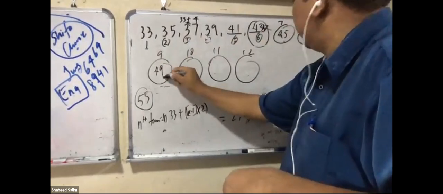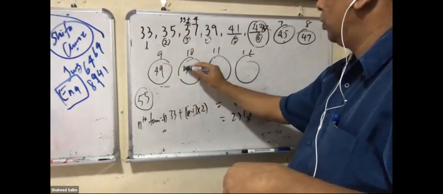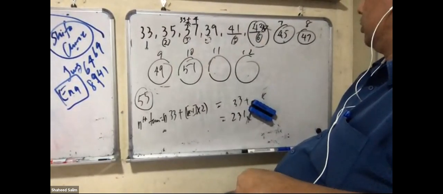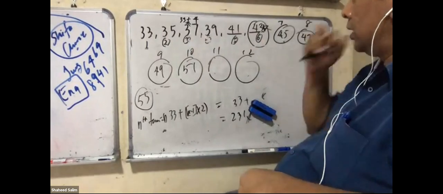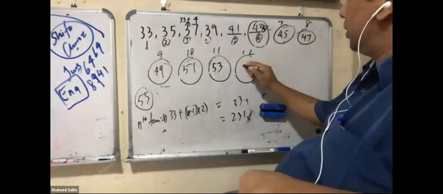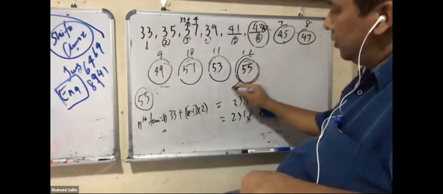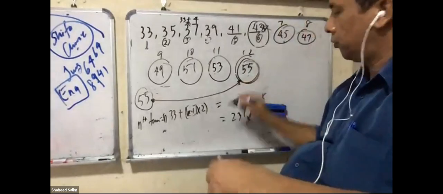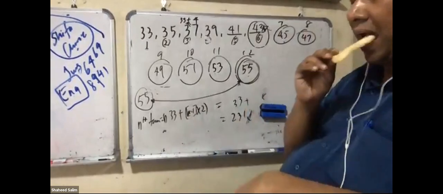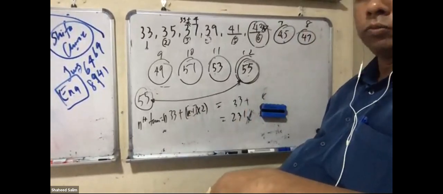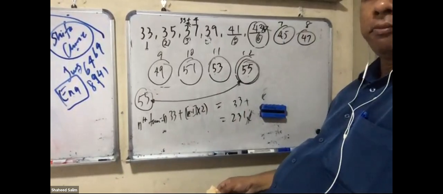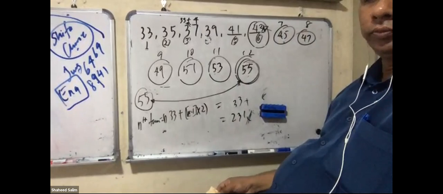Plus another 2, 49. Plus another 2, 51. Hey, did I miss one? We forgot to plus another 2, 53. Correct. Plus another 2, 55. Can you see 55? It's the same thing. Even with this method, you get the same answer.